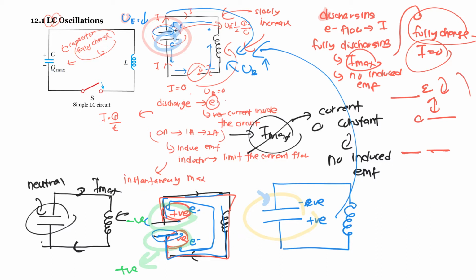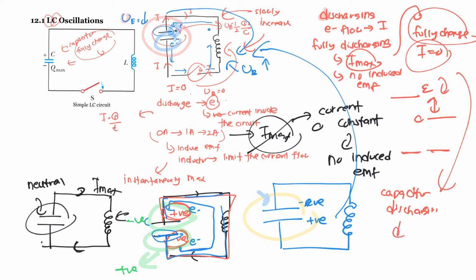But once it's fully charged, what happens back? Yes, the capacitor is going to start discharging. When the capacitor starts discharging, the current inside the circuit starts to increase, and the inductor is going to produce induced EMF.